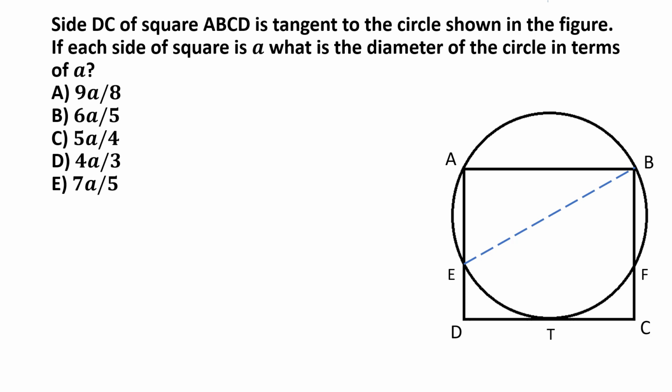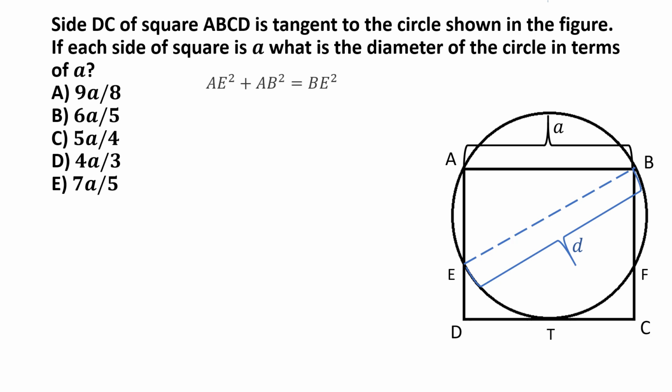And let's call the length of BE as D. So now consider triangle BAE. In that triangle, one of the angles, namely angle BAE, is 90 degrees. And the side AB is basically the length of the side of the square, which is A, right? So we can apply Pythagoras theorem.